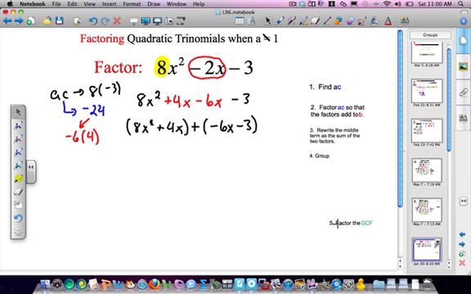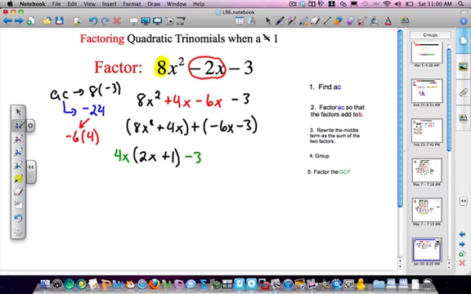Step 5 will be to factor the GCF from each group. The GCF of the first group is 4x. Factoring that expression out yields 2x plus 1. Examining the second group, we see that the GCF is a negative 3.